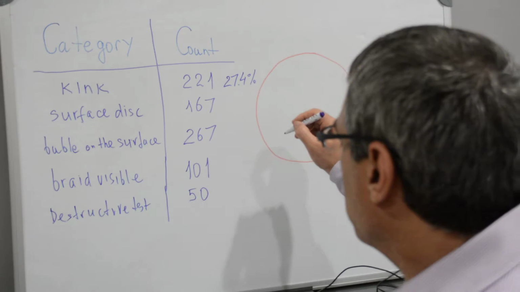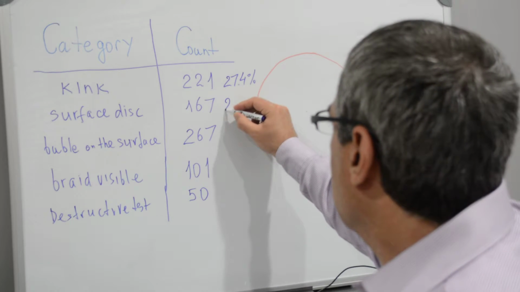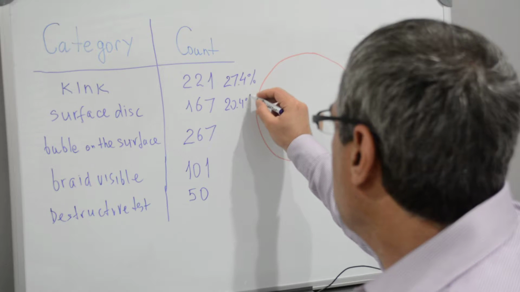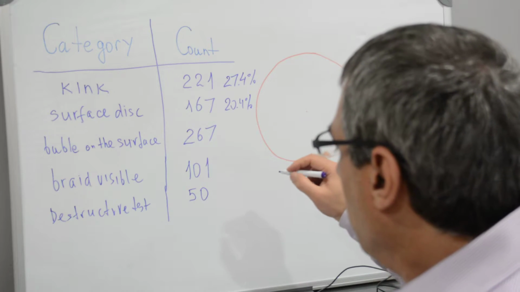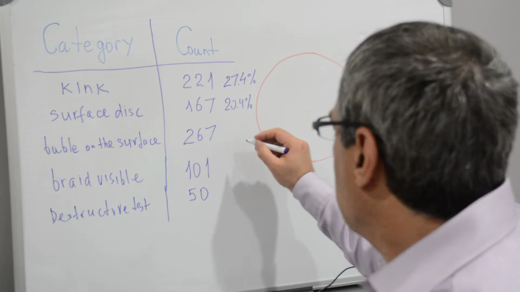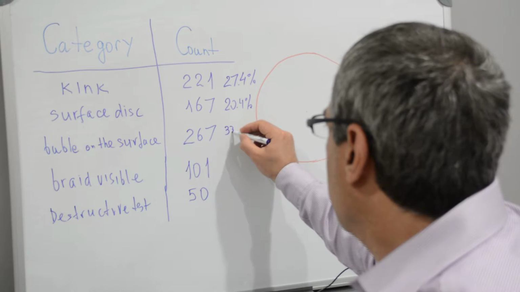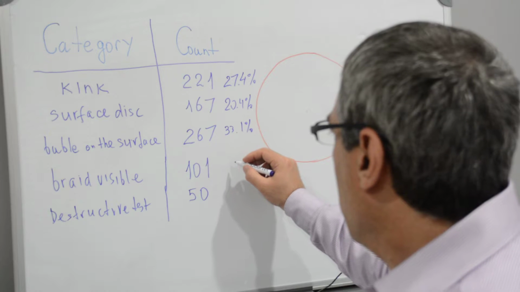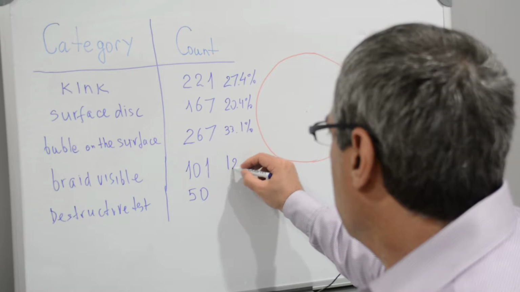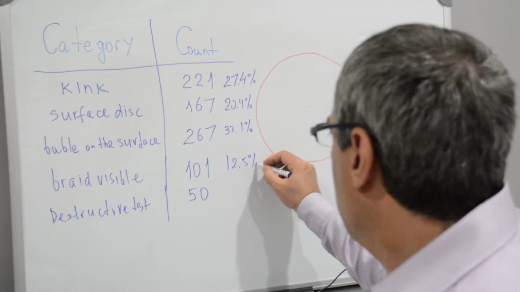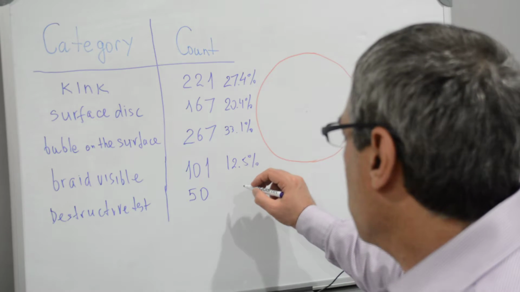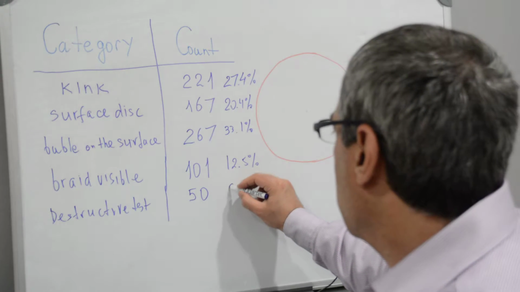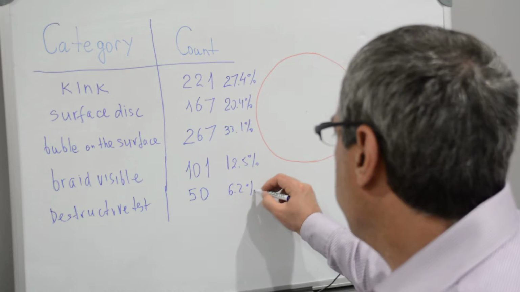Surface discoloration is 20.4%. Bubbles on the surface is 33.1%. Braid visible is 12.5%, and destructive testing is 6.2%.